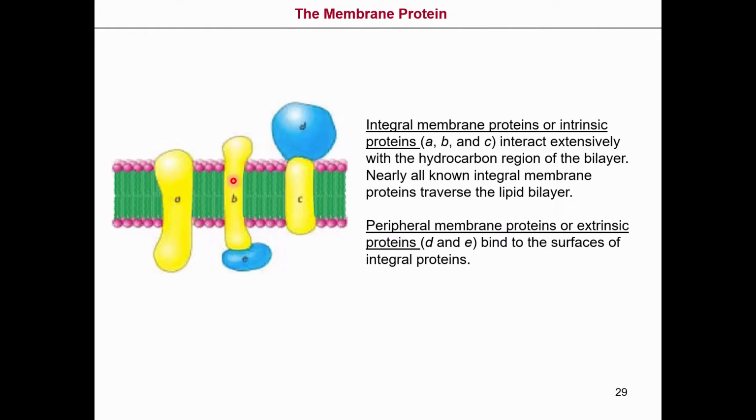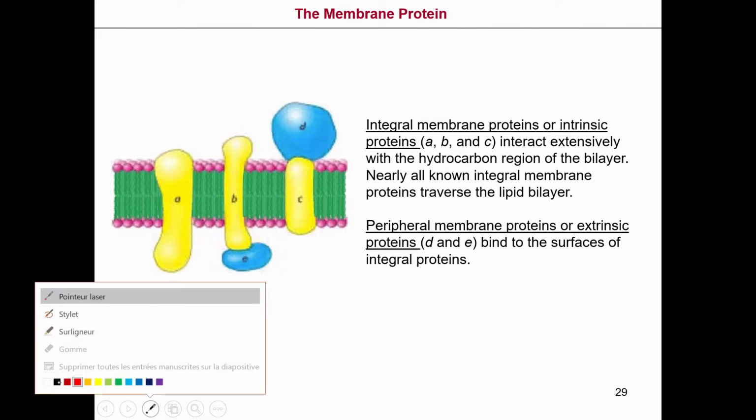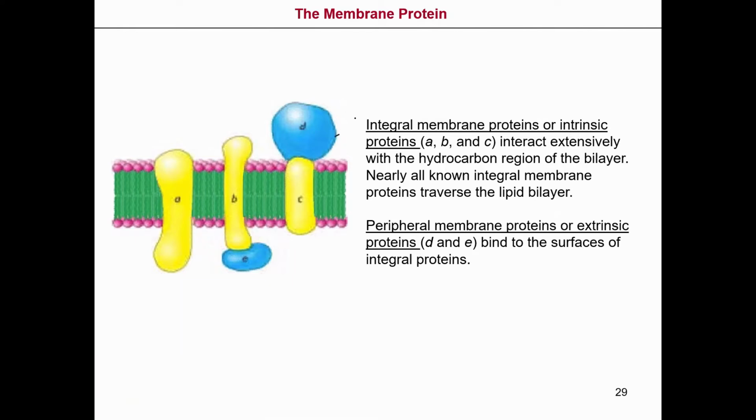But when you have to extract the integral membrane proteins, you need to use detergent or organic solvent. So to remove B and C, you can use, for example, 1 molar sodium chloride. And to remove A, B, and C of this membrane, you should use detergent or organic solvent.